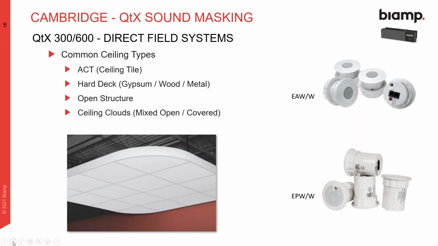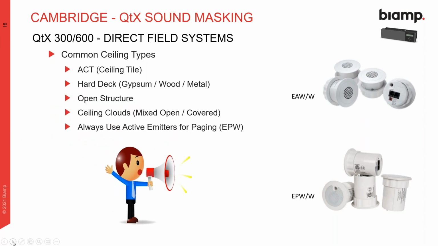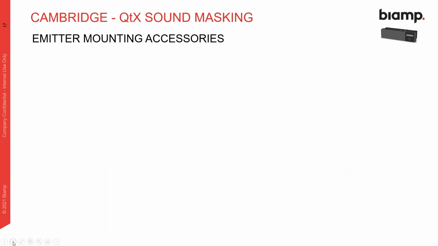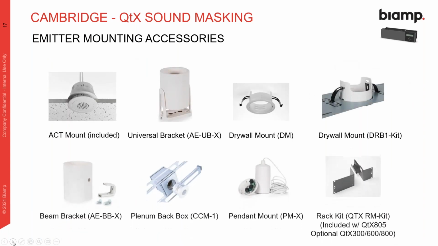And given that architecture continues to be a challenge and becomes complex, we're able to do things like clouds and mixed open type platforms very well, which competitors struggle to do with emitters. Always use our active emitter when it comes to paging and background music due to its extended frequency response and power. The emitter mounting accessories have not changed since the QT Pro.